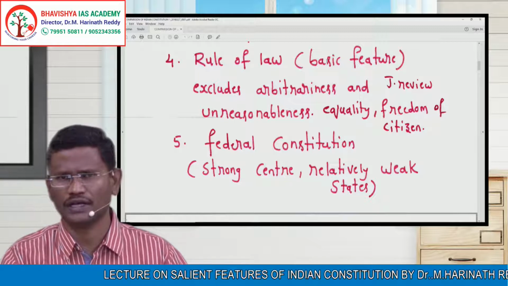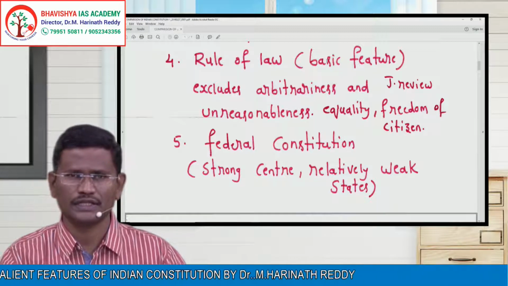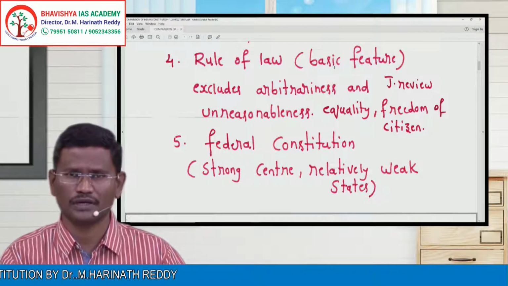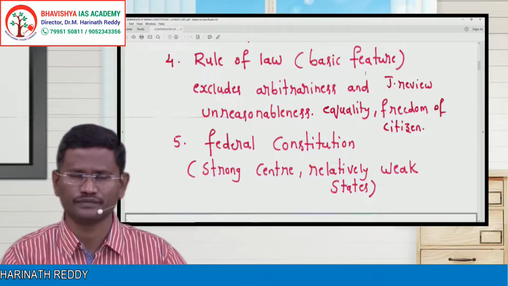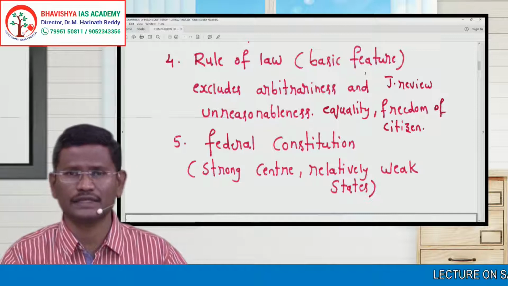Same is the case with India. Even Indian Union is indestructible. The states in India do not have the right to break away from Indian Union. This is the similarity. But there is a difference. The difference is, in America, the states are indestructible.